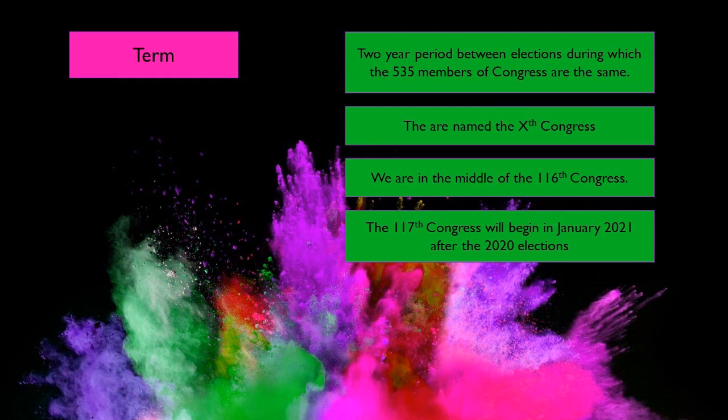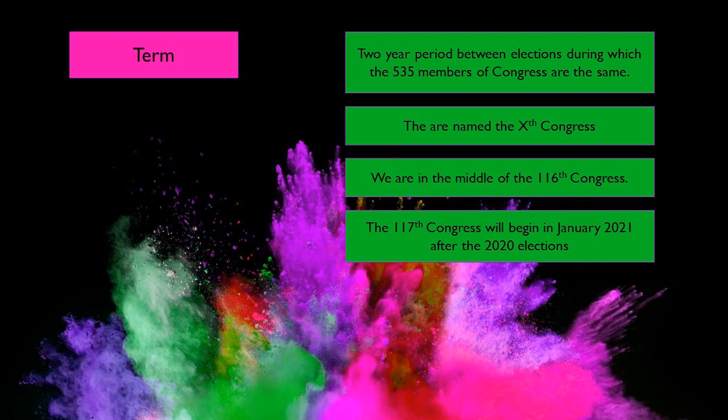Now we've used term a little bit before to describe how long a congressman serves, but when we talk about a term of Congress, we're talking about the 2-year period between elections. So in any 2-year period between elections, the 535 members of Congress are usually the same. And we call this Congress in the order in which it has come.